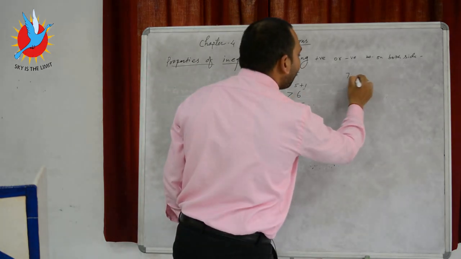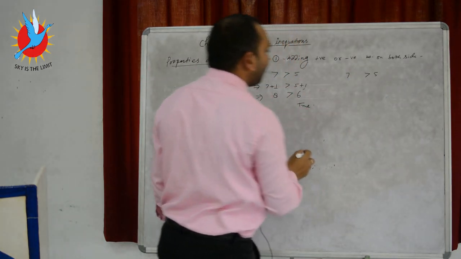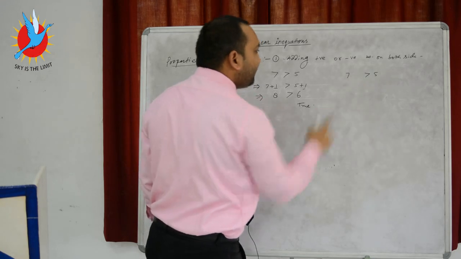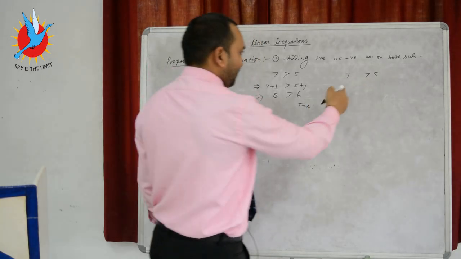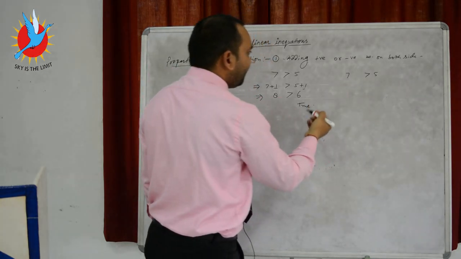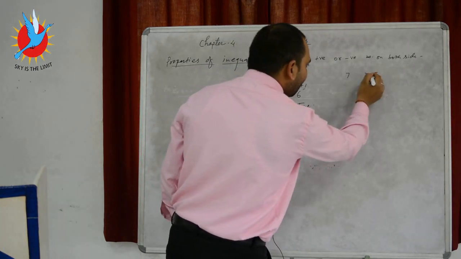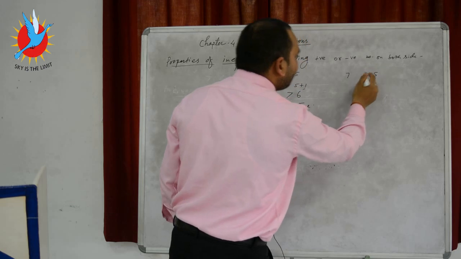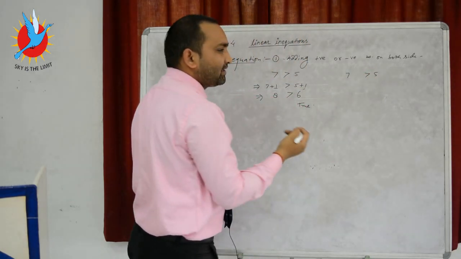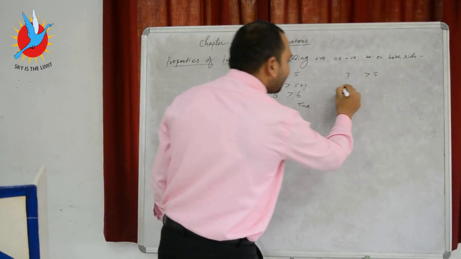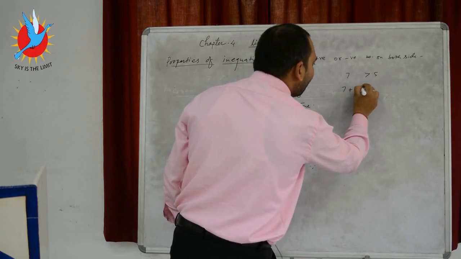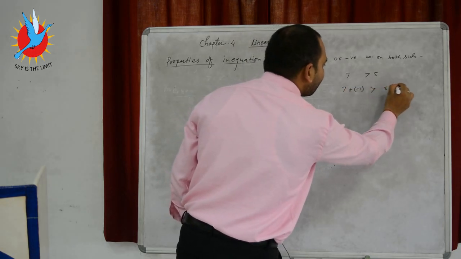When we subtract the same number from 7 is greater than 5, how do we check whether the inequality is changed or not? So 7 plus minus 1 is greater than 5 plus minus 1.